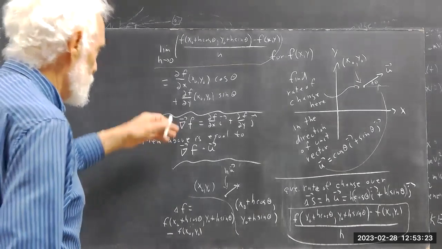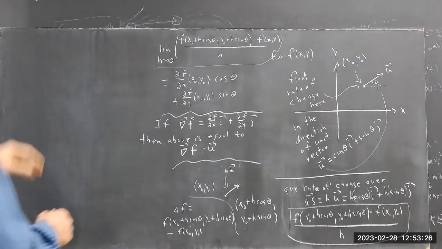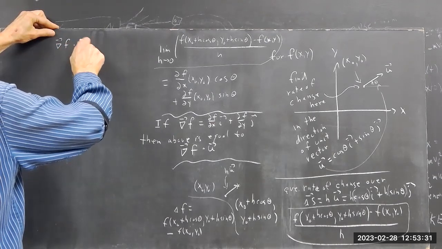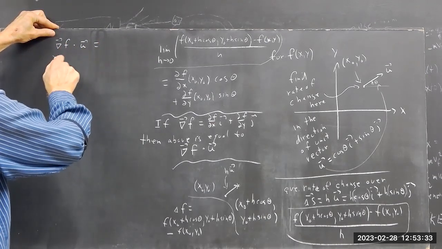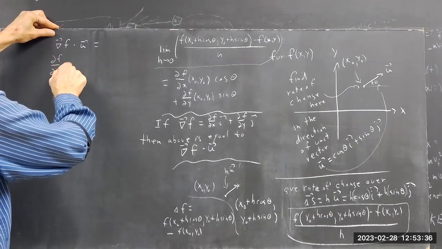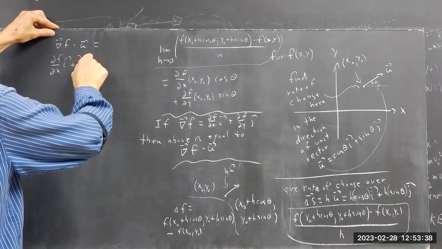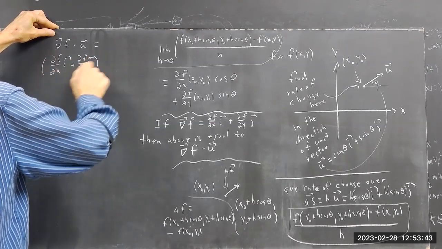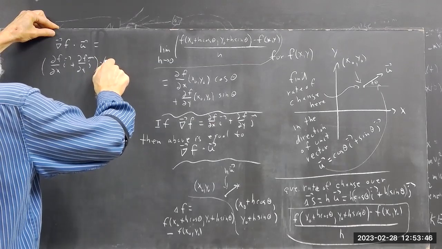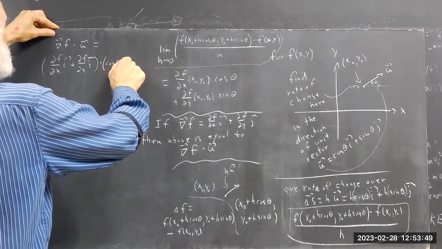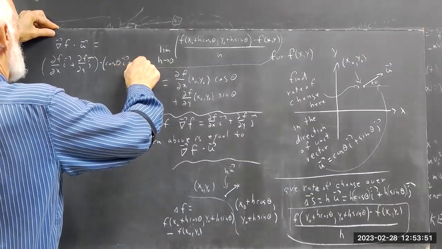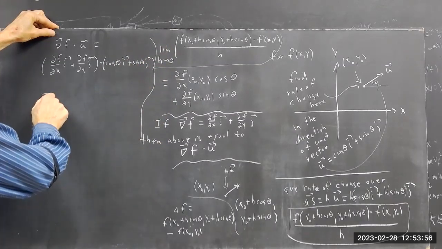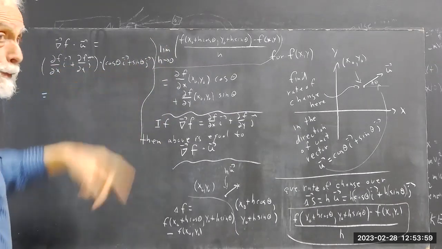Okay, so it's very easy to write that out. Okay, so, well, i dot i is one, right?